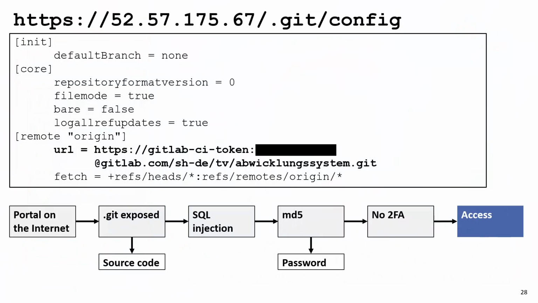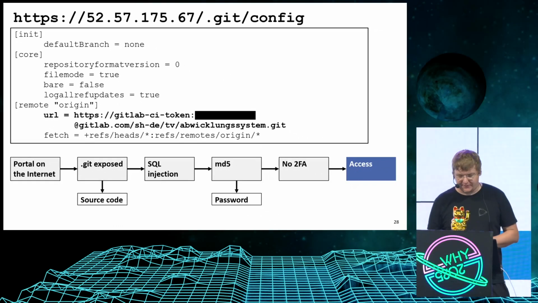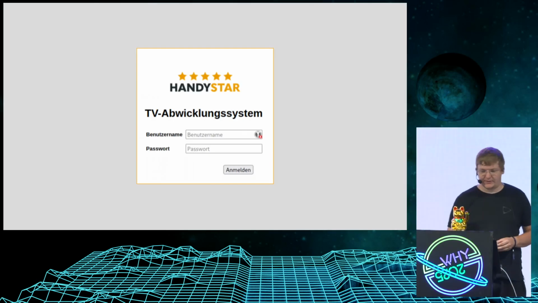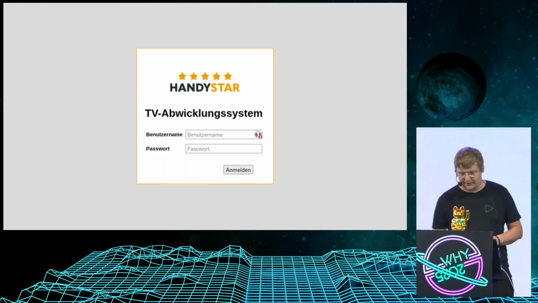They were exposing a .git folder, and it's very much the same problem. So I gained access to the source code. There was an SQL injection. I gained access to a database with MD5 hashes. The passwords were even more simple, no 2FA, and I gained access to this TV order management system.